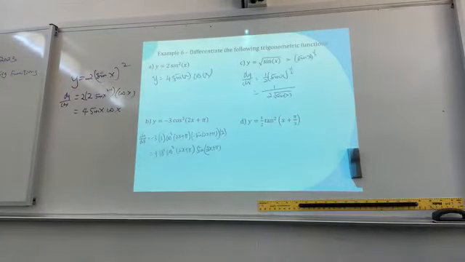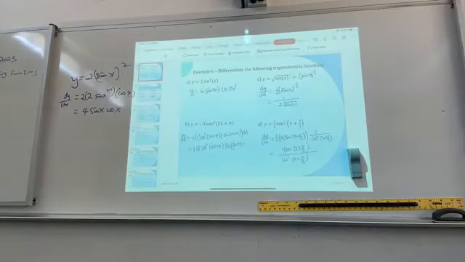Differentiating the sine x will give me cos x, which means I need to redo this. Give me 1 minute. So that should be a cos x. So therefore it should be cos x.